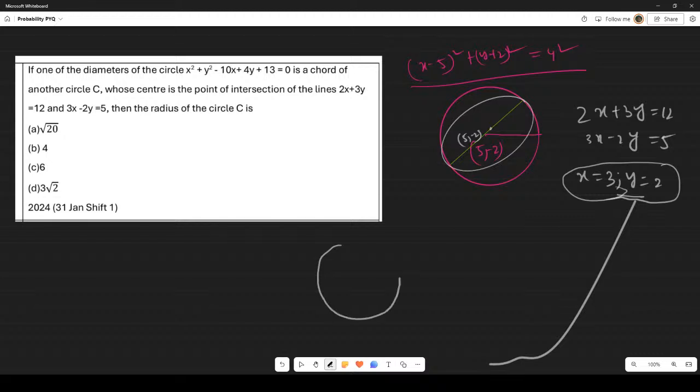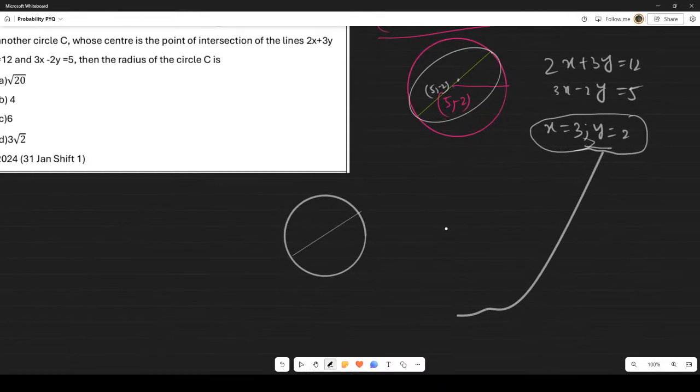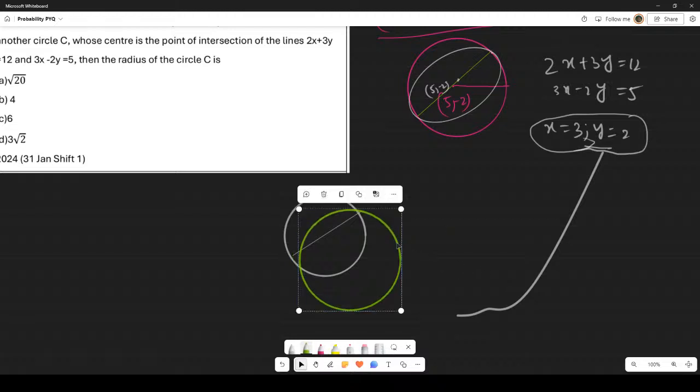So this is one circle. Diameter is this. I am drawing a circle whose chord is this. Must be a bigger one.